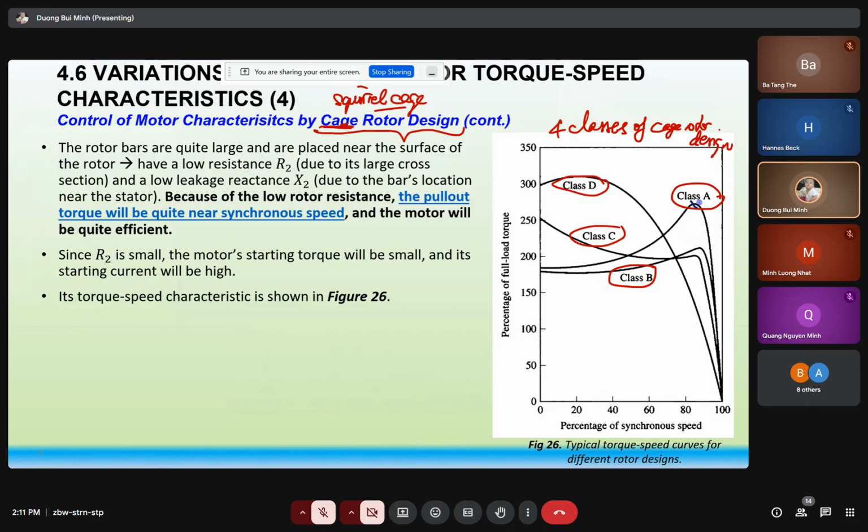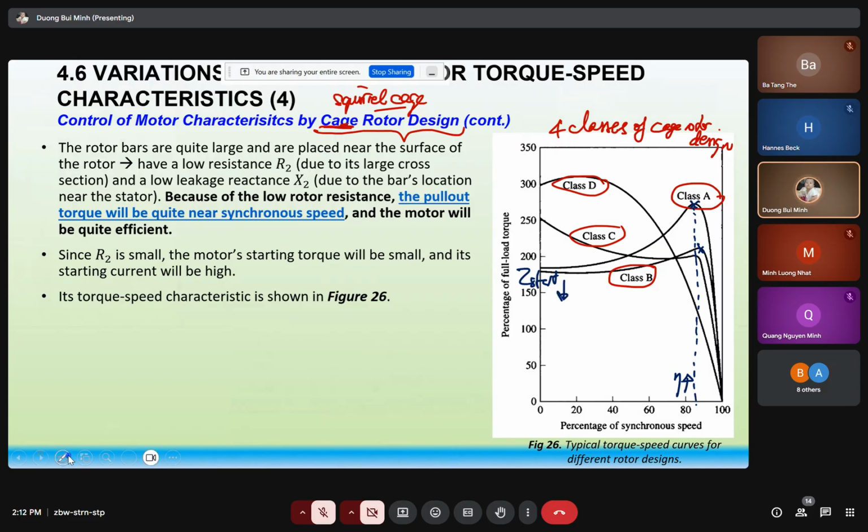For class A, we get very good efficiency. Class A and class B are very efficient, but the starting torque is lower, right?